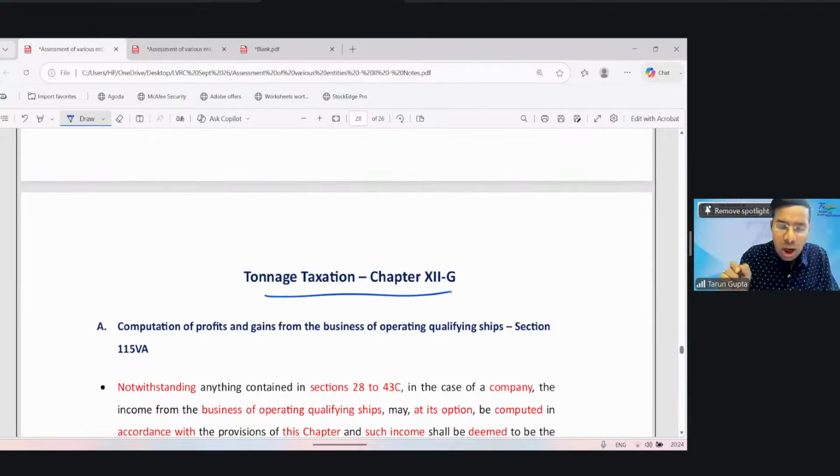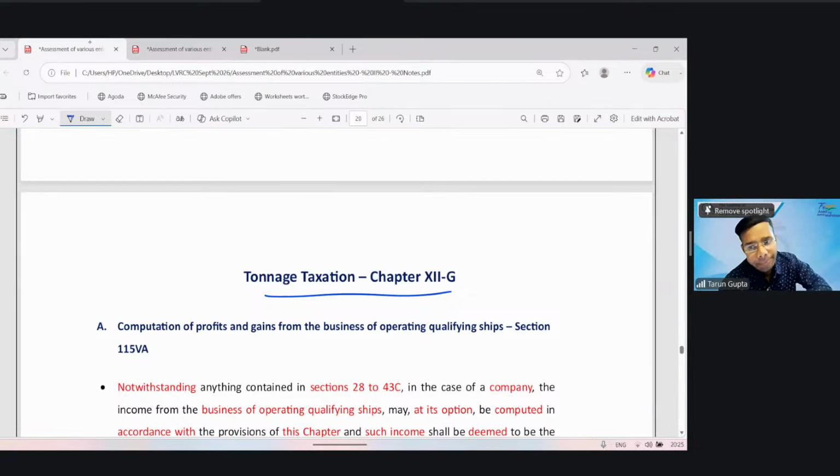Now we came to the last topic of our class and this chapter, tonnage taxation. Let me ask you, what is tonnage taxation? To make you revise, first tell me how income is taxed. Whatever you earn in money terms is your income, and you apply the tax rate.